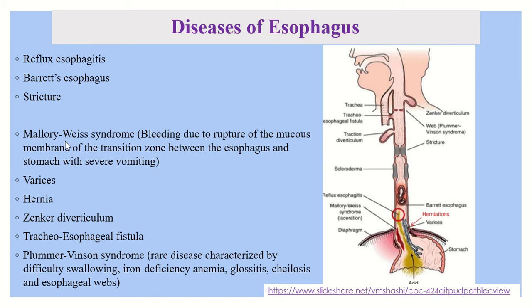It is bleeding from rupture of the mucosa of the transition zone between the esophagus and the stomach with severe vomiting. Then the varices, as I said, the hernia, the Zenker diverticulum, tracheoesophageal fistula, and Plummer-Vinson syndrome, which is a rare disease characterized by difficulty swallowing, iron deficiency anemia, glossitis, cheilosis, and esophageal webs.